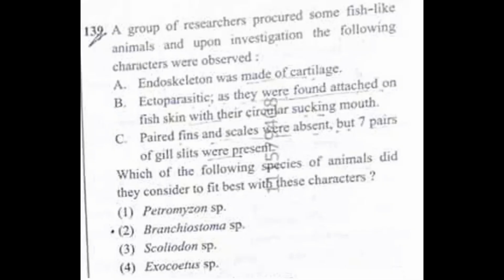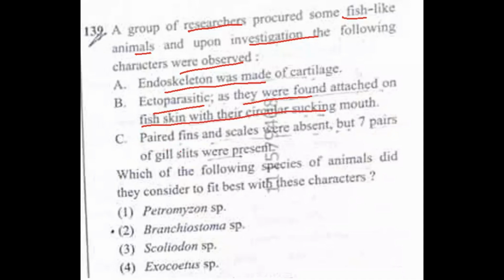Question number 139. A group of researchers procured some fish-like animals and upon investigation, the following characters were observed. A, endoskeleton was made of cartilage. B, ectoparasitic, as they were found attached on fish skin with their circular sucking mouth.